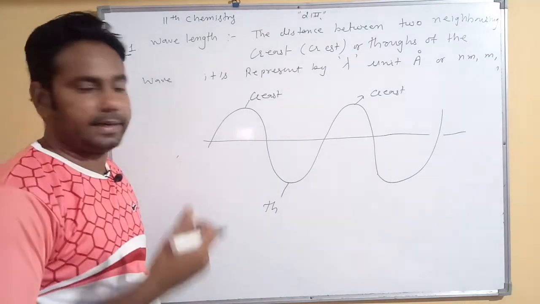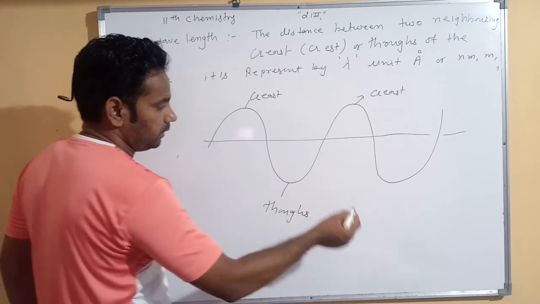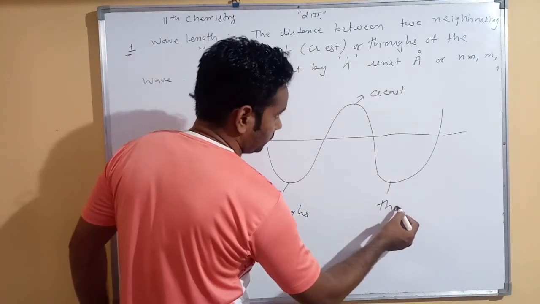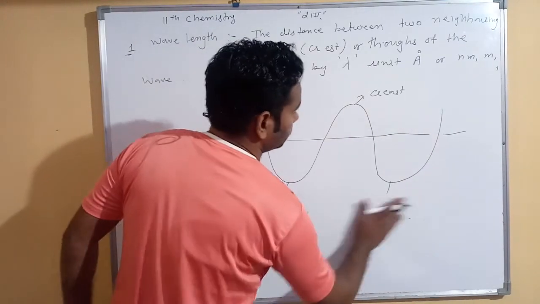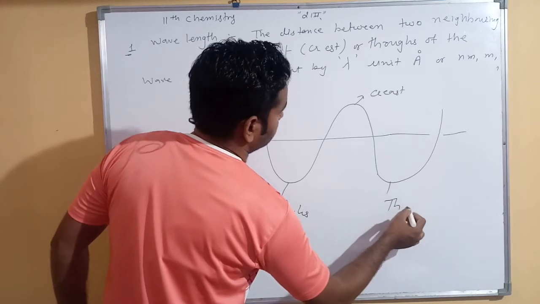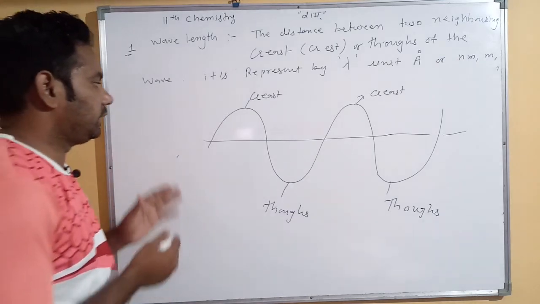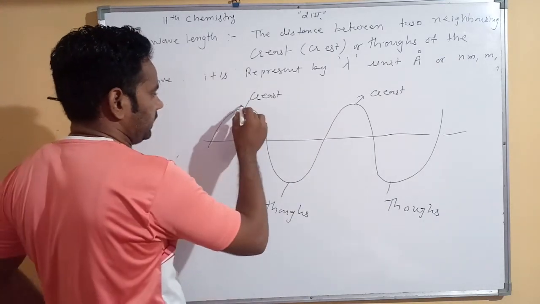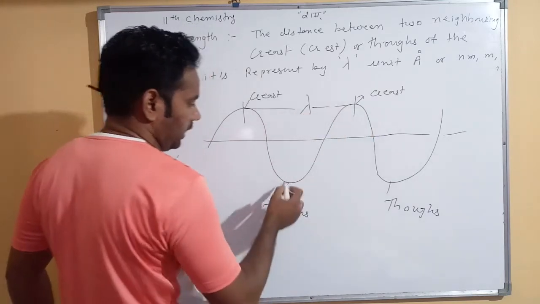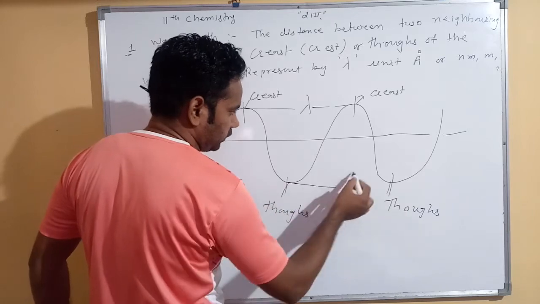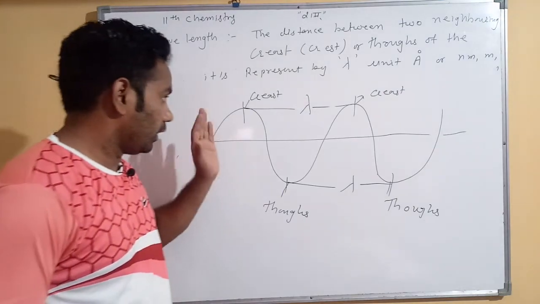Like that, head and tail. So clear. So the distance between two nearest crest, here this distance is called lambda. It means wavelength. Again, or this distance is called wavelength. Okay, I think you understand better.